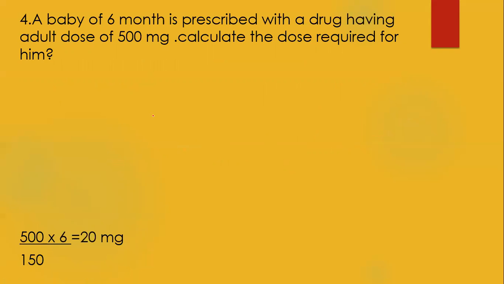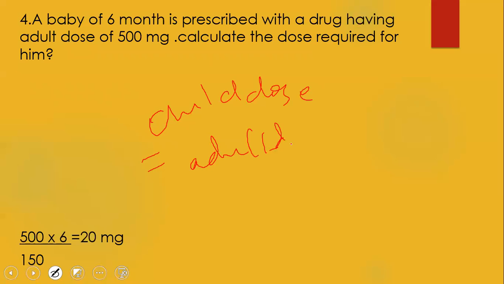Formula is child dose is equal to adult dose into age in months divided by 150. Here a 6 months old child is given. So adult dose is 500 mg. 500 into 6 divided by 150, 20 mg. So the child needs only 20 mg of drug.